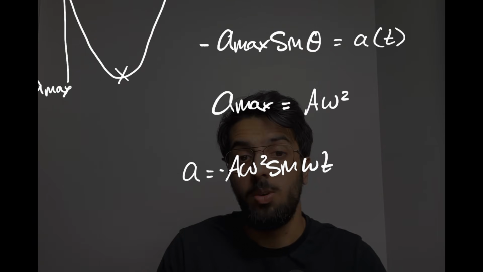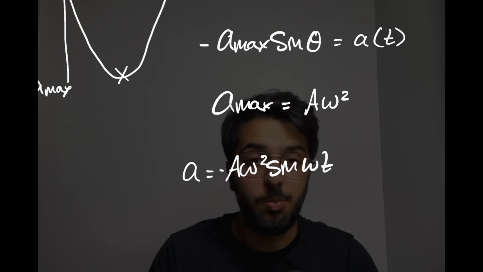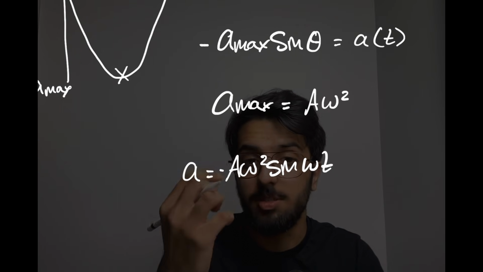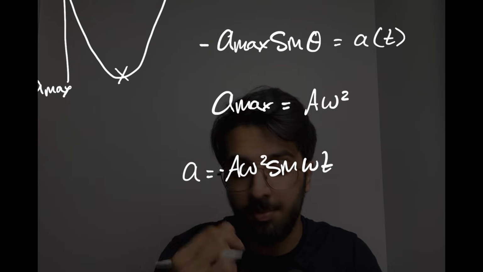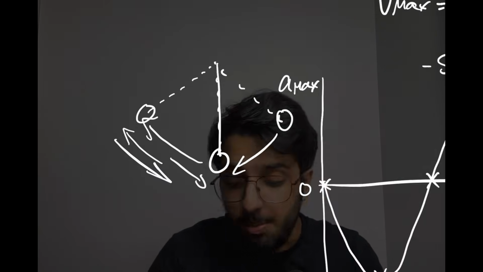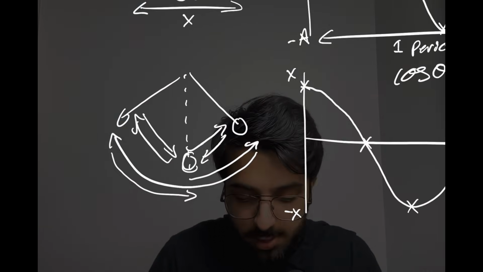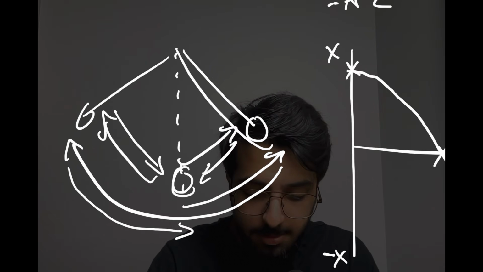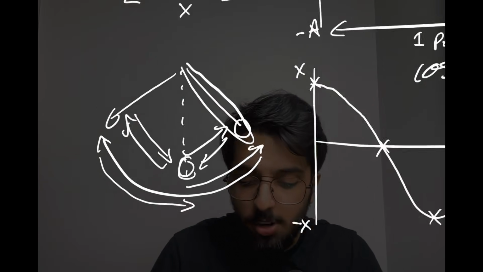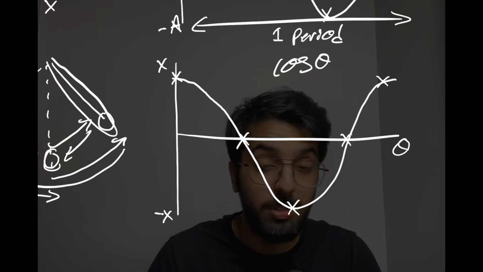Now remember, all of this explanation is when we assume that the pendulum starts at the mean position. If we go back to wherever it was, over here, when we started the pendulum at max displacement, we got a cosine graph first for displacement.